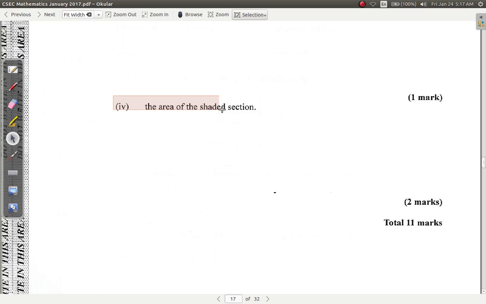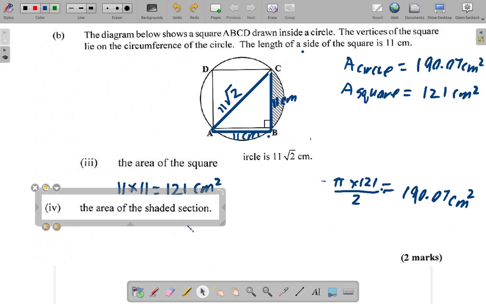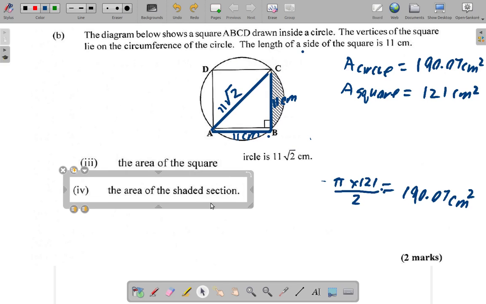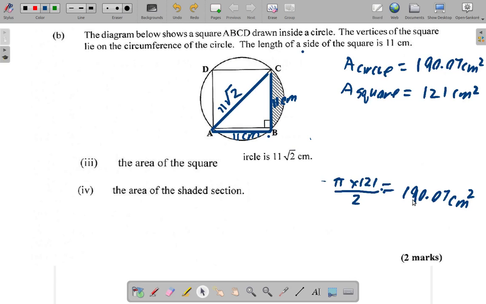So let's copy this and put it on our whiteboard over here. They want the area of the shaded section. Good. Now, area of a shaded section.